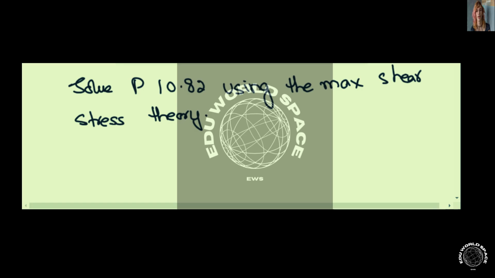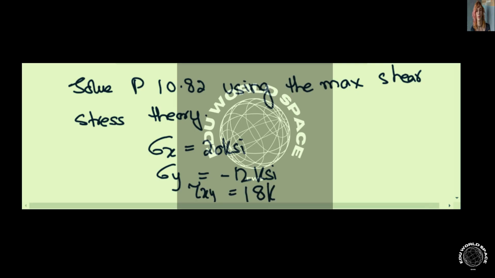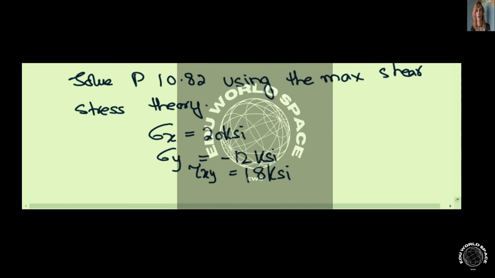The solution is very simple, right? It's very easy. As you can see, according to the figure of the problem, we are given that sigma sub x is equal to 20 ksi, sigma sub y is equal to negative 12 ksi, and tau sub xy is equal to 18 ksi, right?